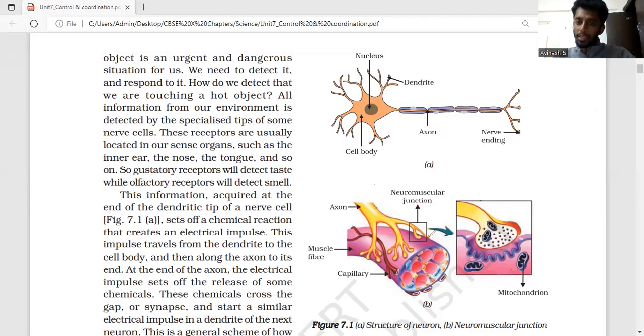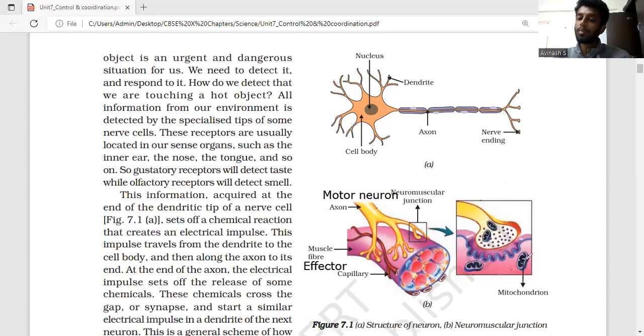And there needs to be a junction between the nerve ending and the muscle. So basically, this muscle fiber is nothing but the effector. The muscle has to move. And this nerve, they are trying to talk about the motor neuron. So the motor neuron is bringing information and it has to get attached to the effector muscle in order to move. And the point of attachment is called the neuromuscular junction.